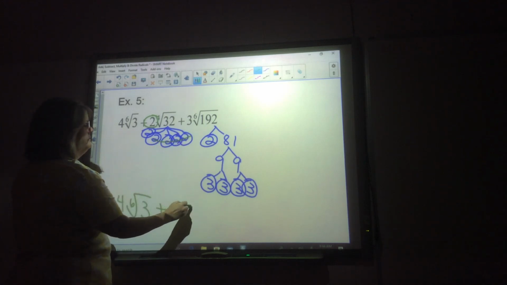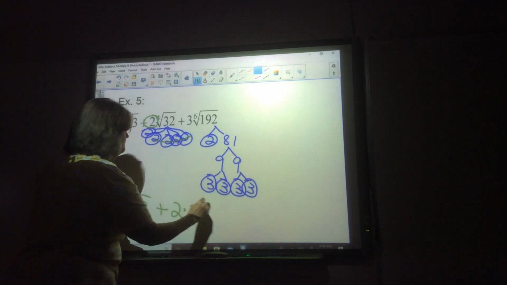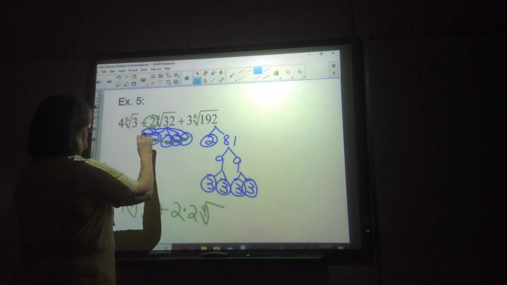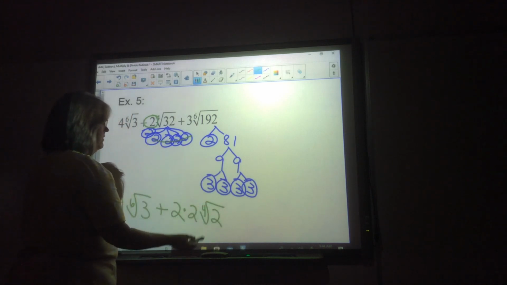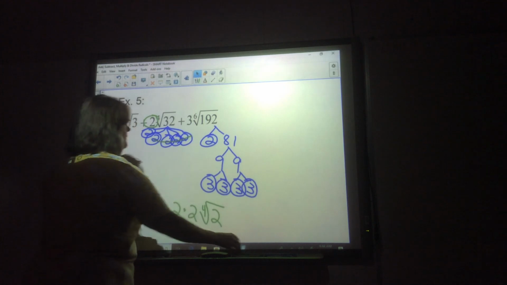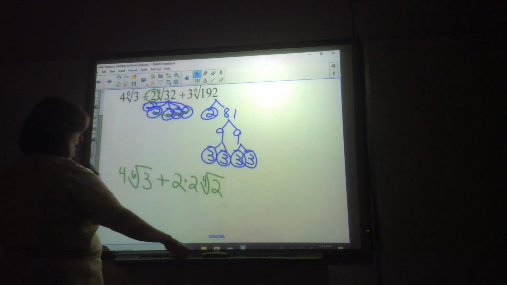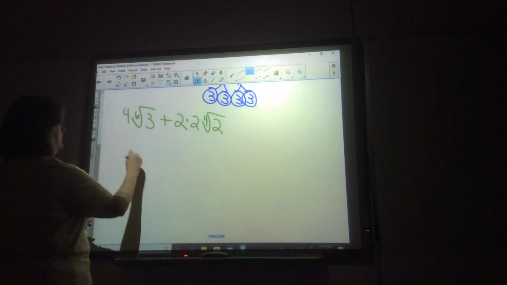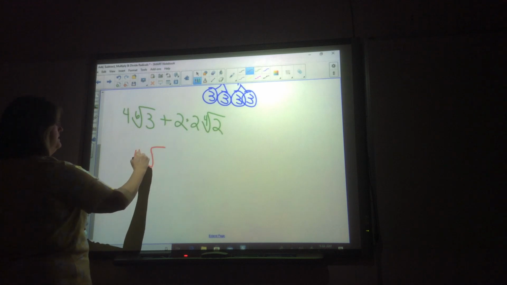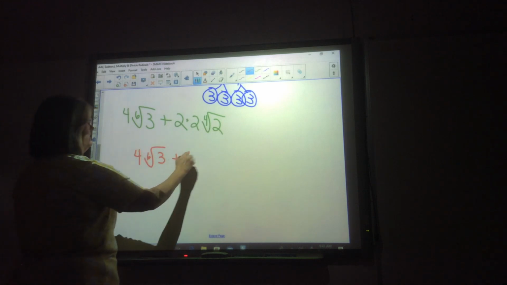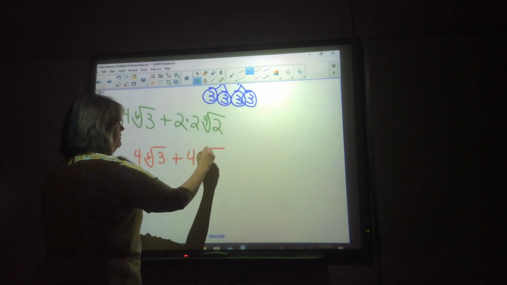So it's 2 times 2 onto the 4th root, and then I've got a 2 left. So I currently have 4 onto the 6th root of 3 plus 4 onto the 4th root of 2.